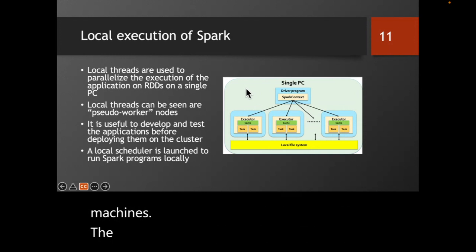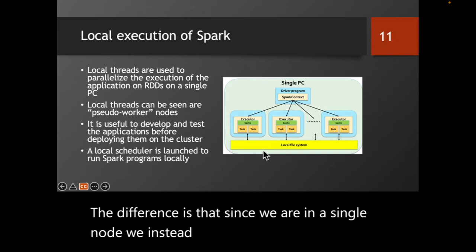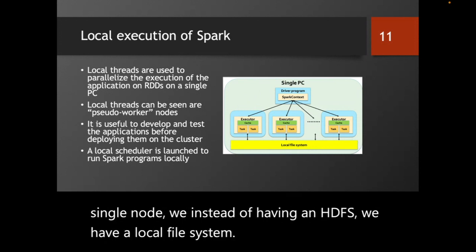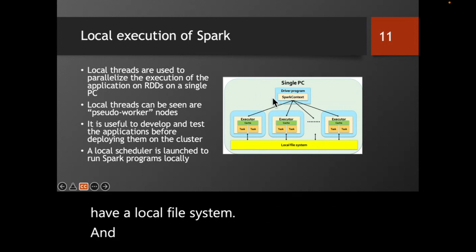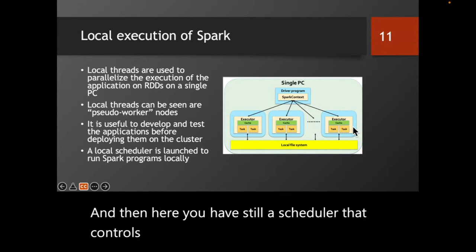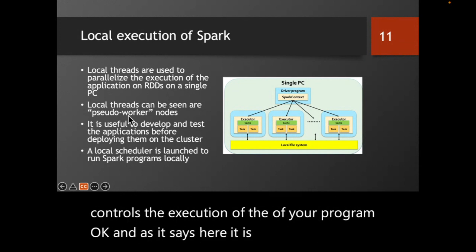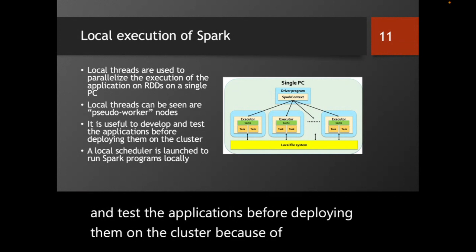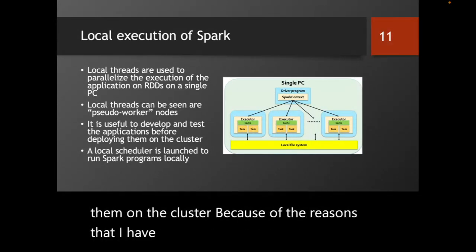Now the difference is that since we are in a single node, instead of having an HDFS, we have a local file system. And then here you still have a scheduler that controls the execution of your program. Okay, and as it says here, it is useful to develop and test the applications before deploying them on the cluster, because of the reasons that I have described now.